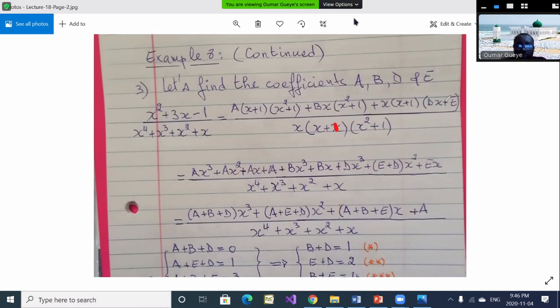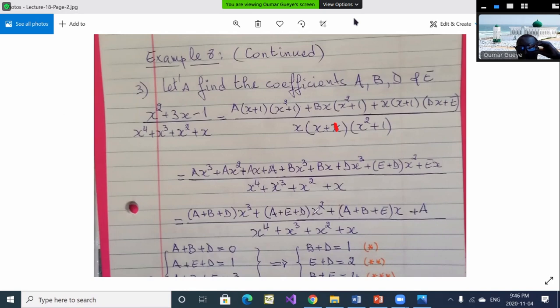As I did before, I'm just going to keep all the coefficients of x cubed together first. The first coefficient is a for x cubed. For the second one, we have bx cubed and dx cubed, going to give us the first term here. For the x squared, you have a, and the next one is here e plus d.